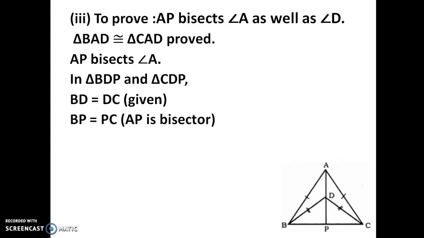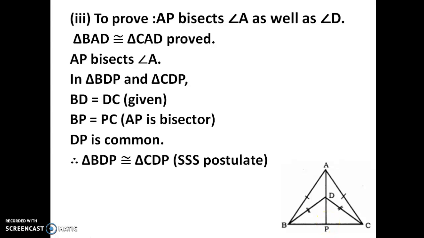Why? Because AP is the bisector; that is also given actually. Then DP is common for these two inner triangles. So three sides are equal, and by SSS congruence we can say these two triangles are congruent.